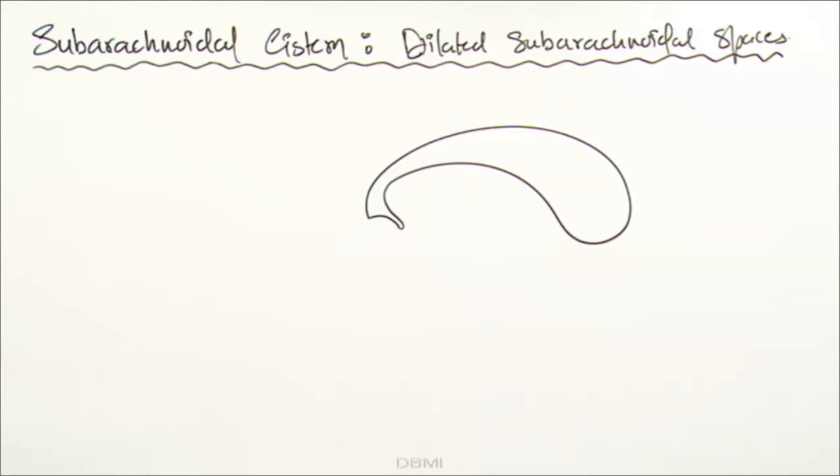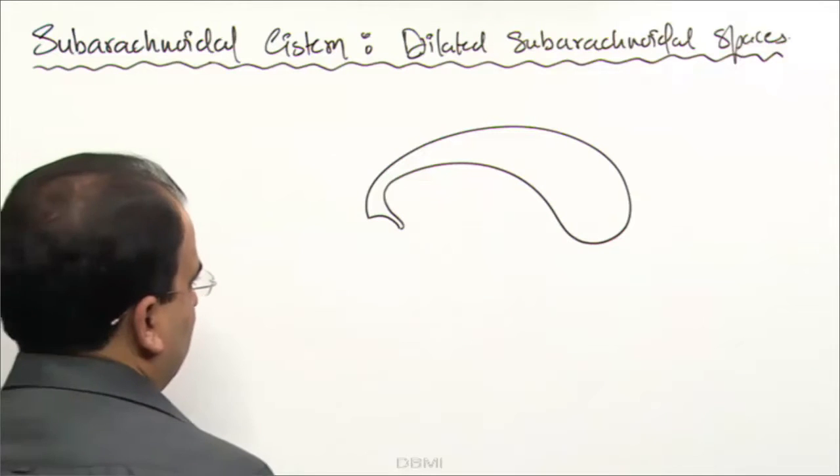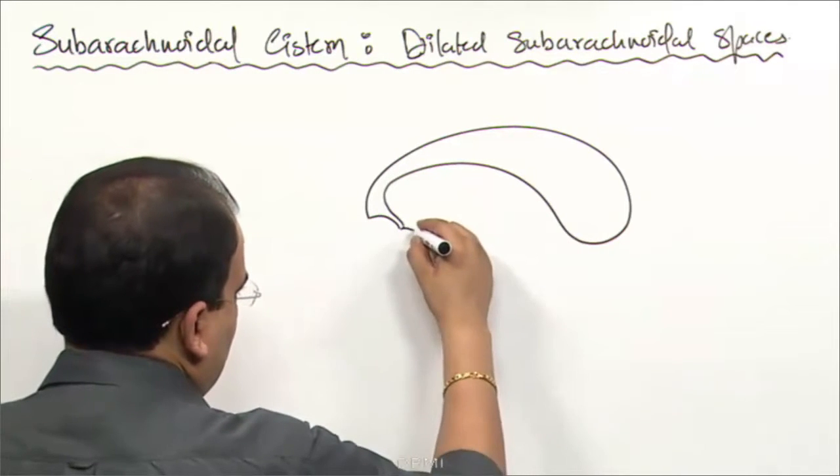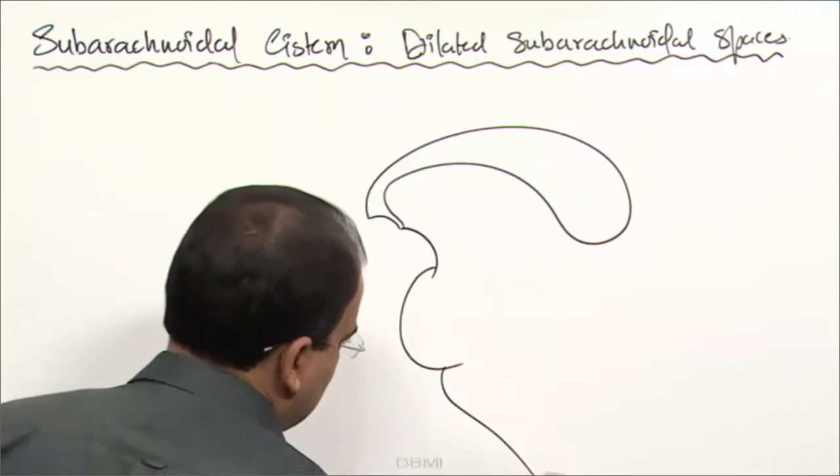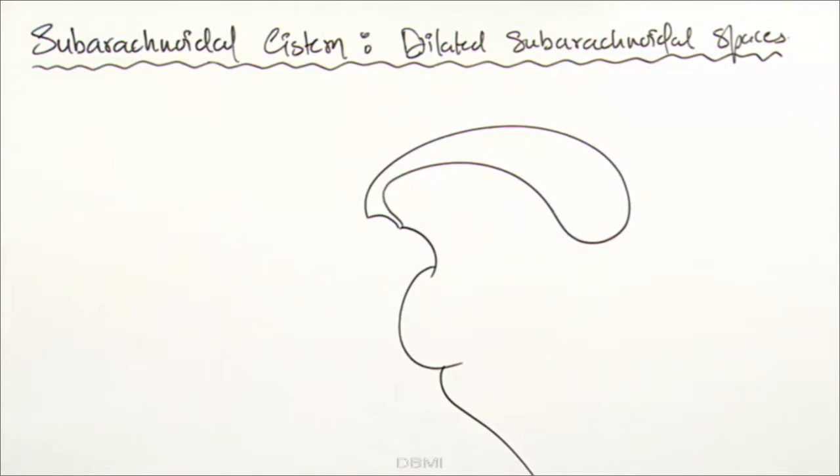So there is a corpus callosum. There we have the brainstem, that is midbrain, pons and medulla oblongata.